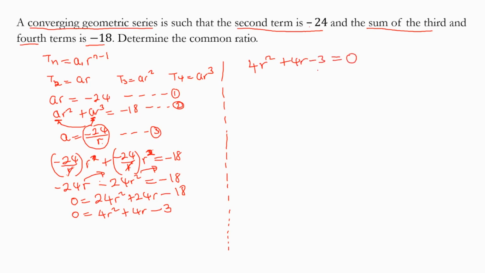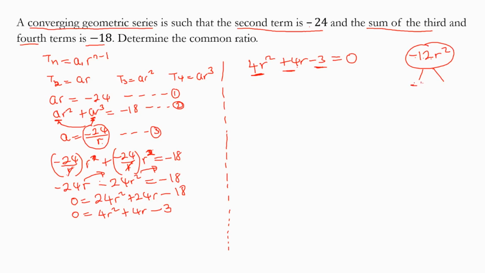So the method that I use, I'm not sure if you're familiar with it. We say 4R squared times negative 3, we get negative 12R squared. And then we look for the factors of negative 12R squared that will give us positive 4. 12 can be 1 and 12, 2 and 6, 3 and 4. 2 and 6 will work.